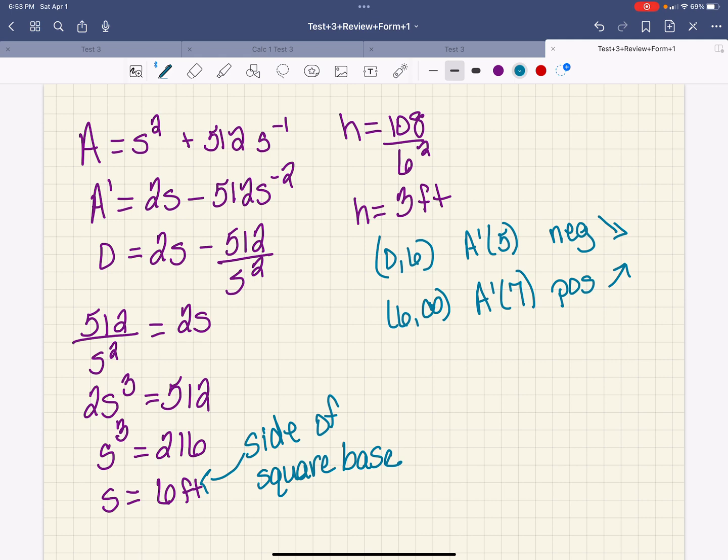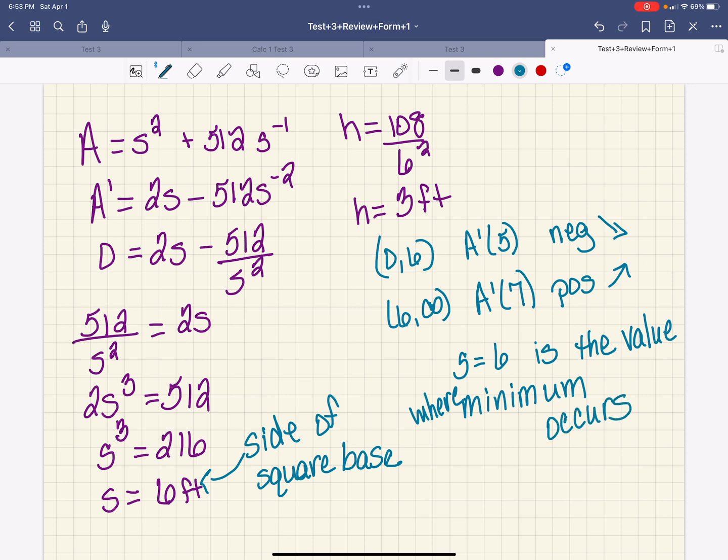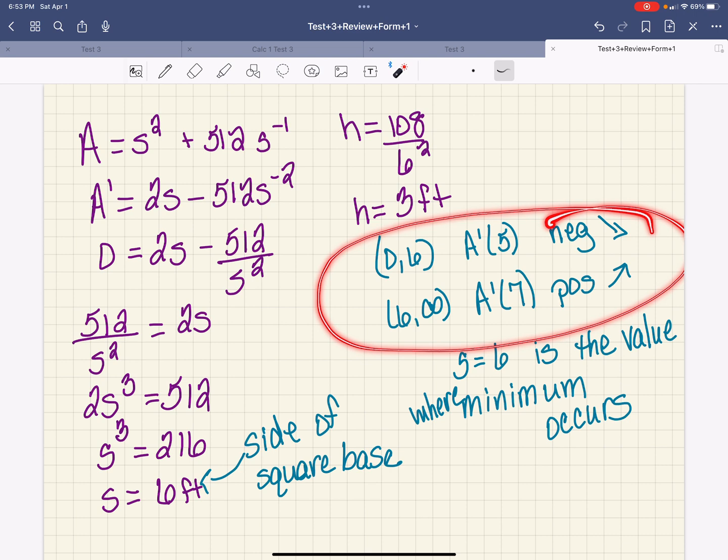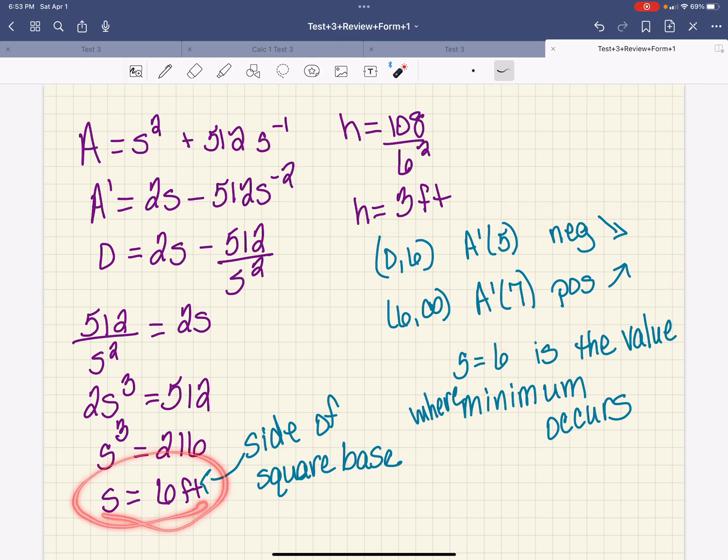So S equals 6 is the minimum. This is the first derivative test to make sure that at S equals 6 we have a minimum surface area.